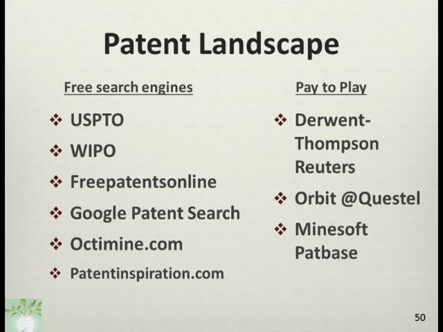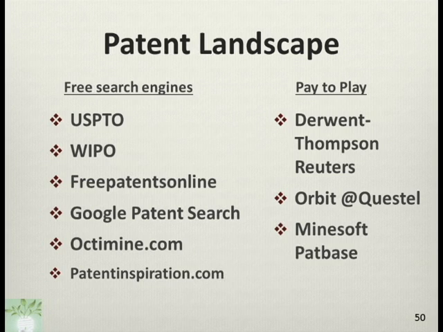You should do a patent landscape. You have free search engines available to you at the USPTO and WIPO, Free Patents Online, Google Patent Search, and Octomine.com. I want to highlight the free source patentinspiration.com. This website gives you great analysis tools that produce very nice and colorful figures that are very insightful.